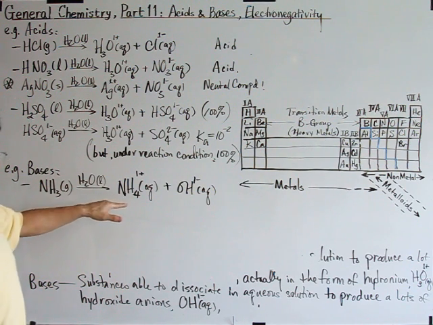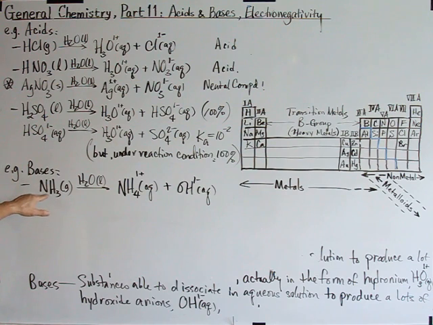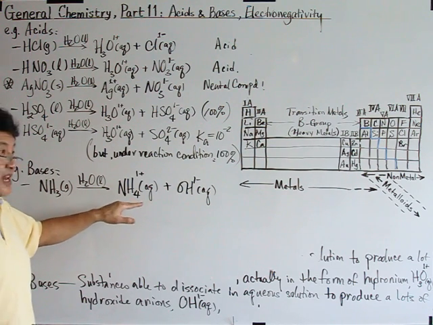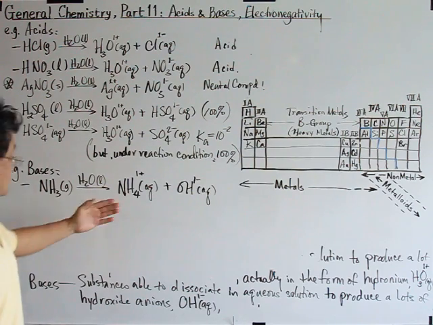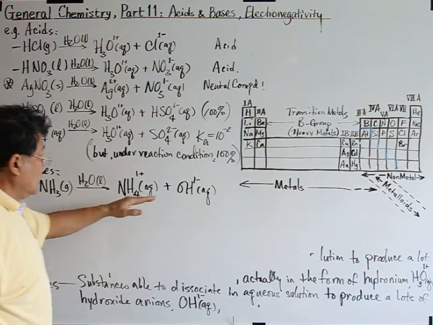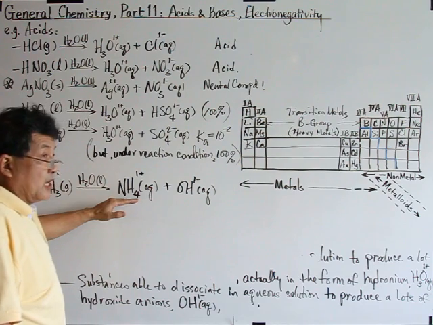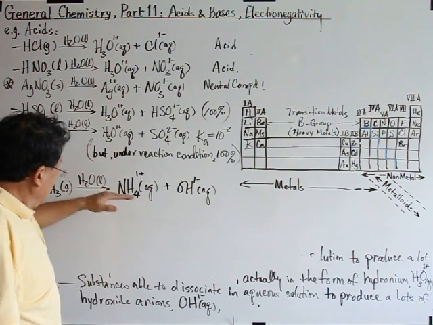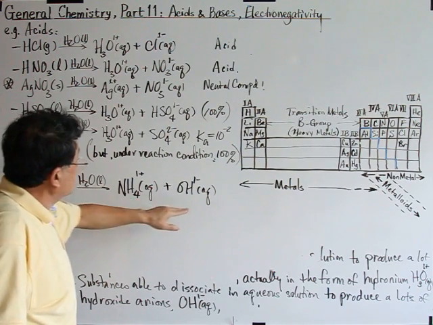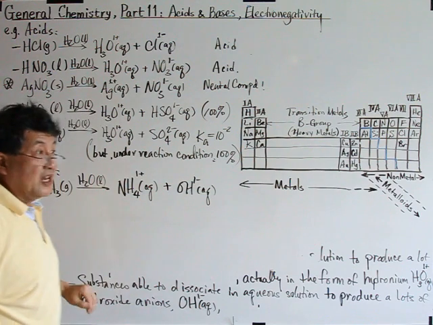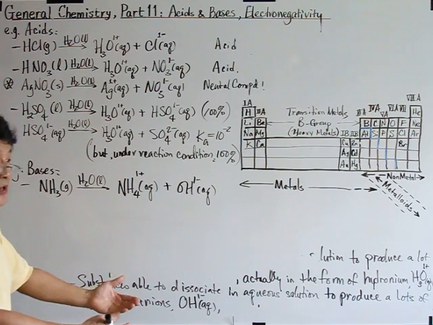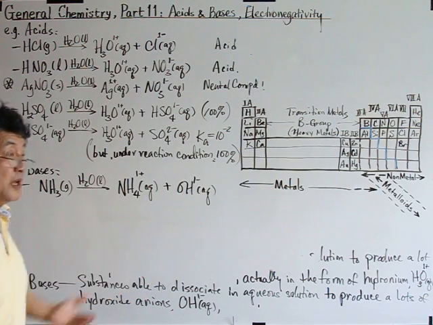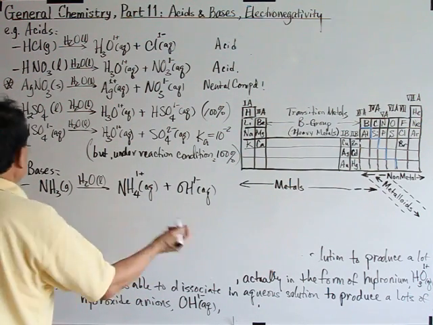One proton attached to a neutral ammonia molecule becomes a cation with a 1+ charge, which is a polyatomic cation, yes. But then you have an anion, OH, hydroxide, 1 minus. That fits the ionic definition for base. That is very easy to recognize.